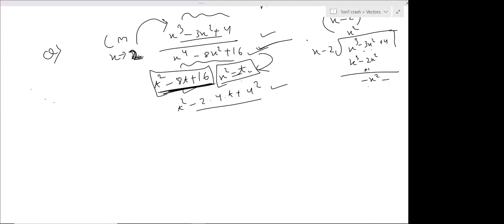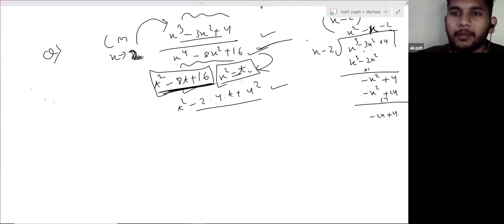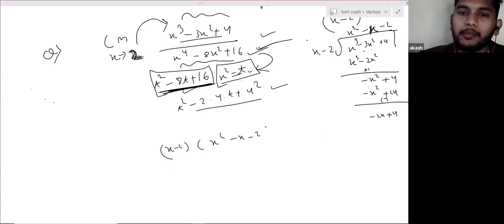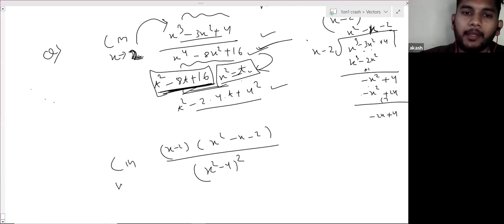The final answer, the quotient. Absolutely correct. So we can write this as x minus 2 into x square minus x minus 2. And this, I already told you, is t minus 4 whole square. So x square minus 4 whole square we can write like this.